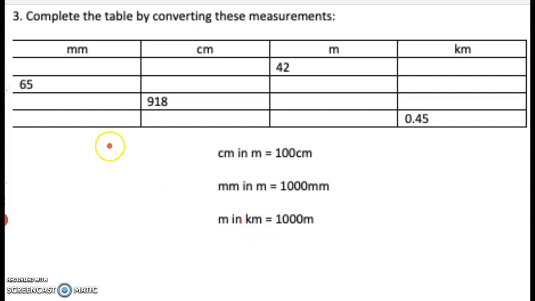Okay, so let's have a look. I want you to pause and fill all these out here, the first row for me. When you have a clue here, 42 meters, what is it in centimeters? What is it in millimeters? What is it in kilometers? Pause it now and I'll give you the answers soon.